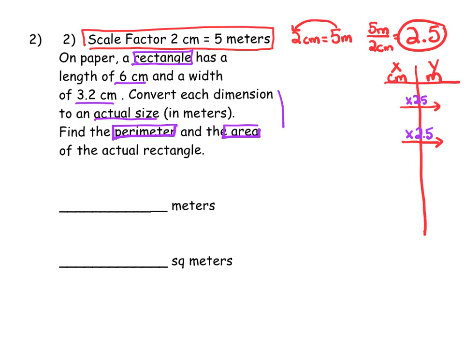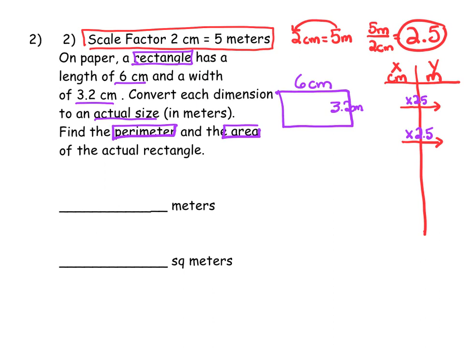So, quickly draw a rectangle. We know it's 6 centimeters in length and 3.2 centimeters wide. Now, convert each of those dimensions, just like we did in the previous problem, to the real size.